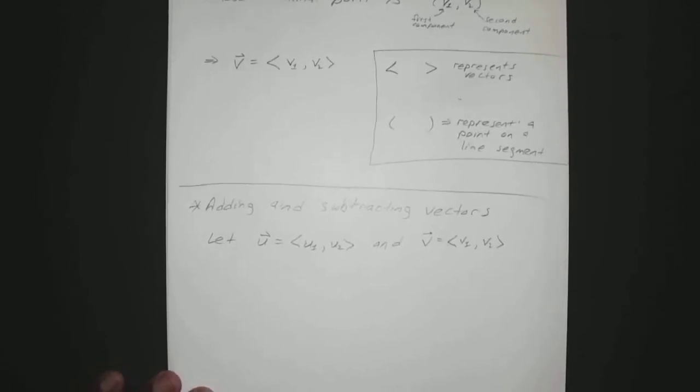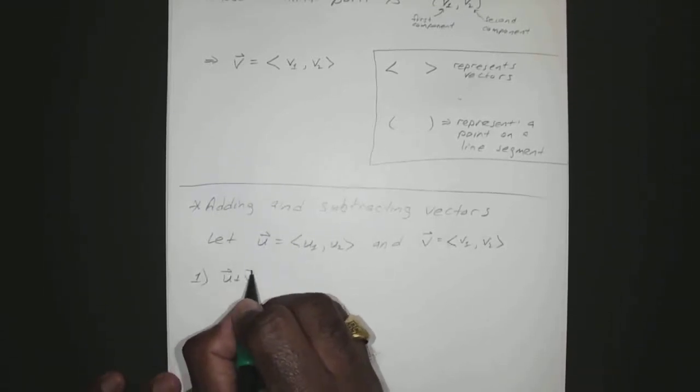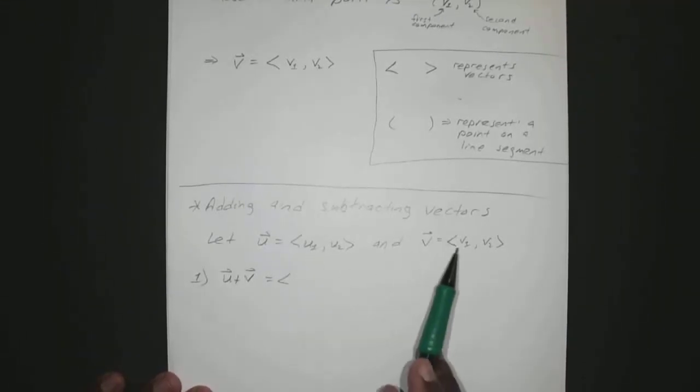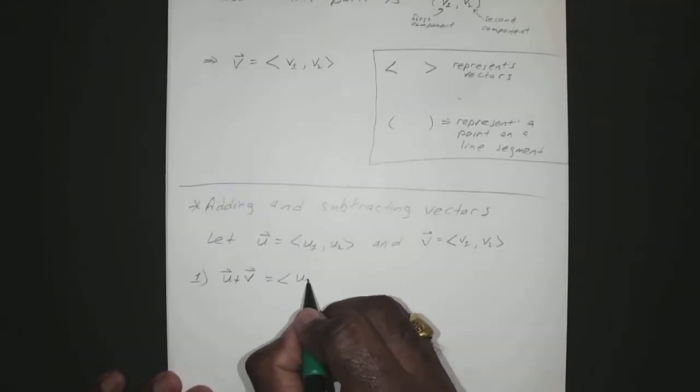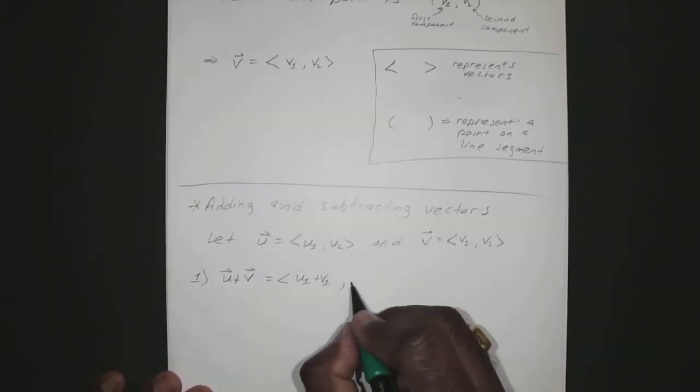Okay, so if we wanted to add these two together, vector u plus vector v, all you have to do is add the first components and then add the second components.